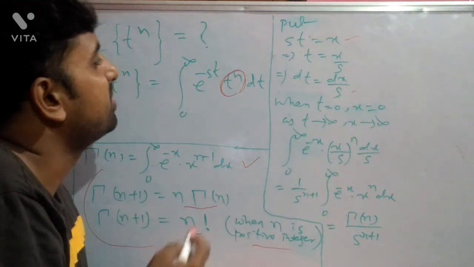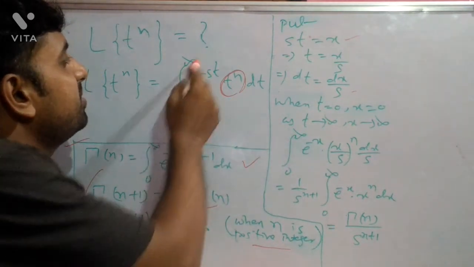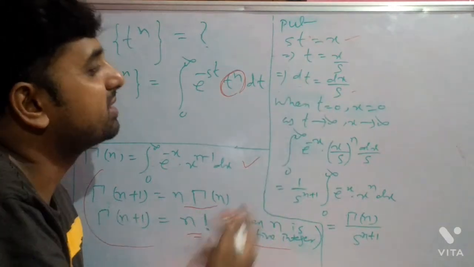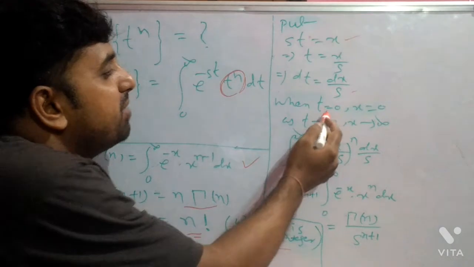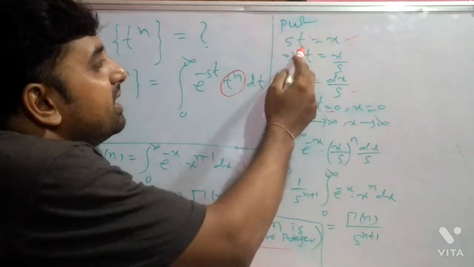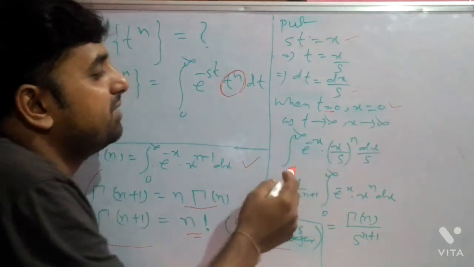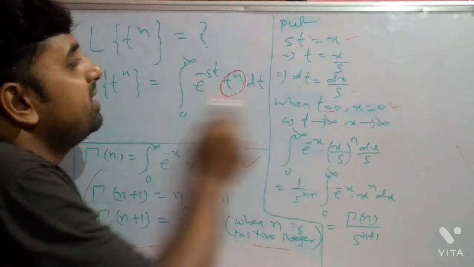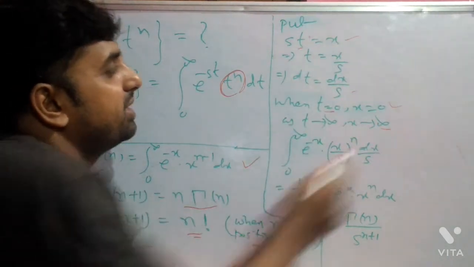Since the limit of t here is 0 to infinity, we have to change the variable to x, so we also have to find the limit of x. When t equal to 0, the value of x will also be 0. Similarly, when t tends to infinity, x also tends to infinity.